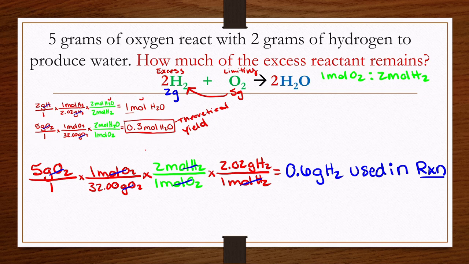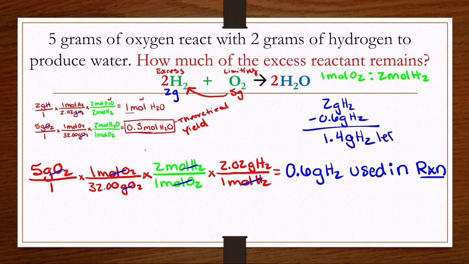But I started with 2 grams, so I have 2 grams of hydrogen that I started with, and I used up 0.6 grams of hydrogen. So if I perform that calculation, that tells me that I have 1.4 grams of hydrogen left over. All right, so this is our final answer right here.